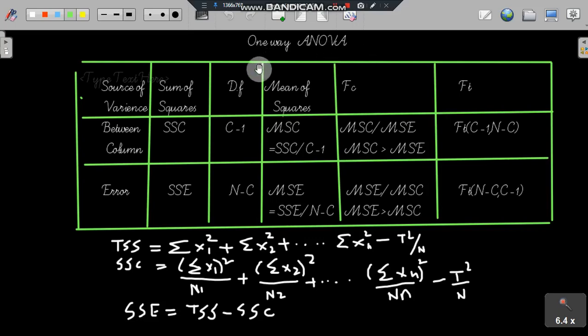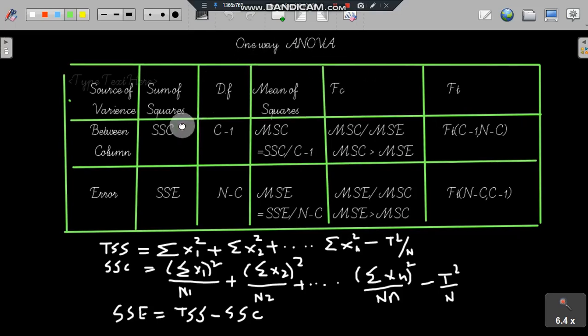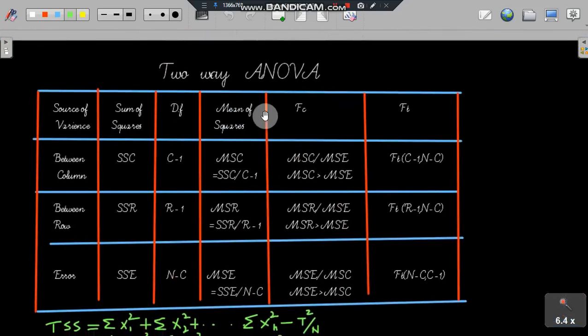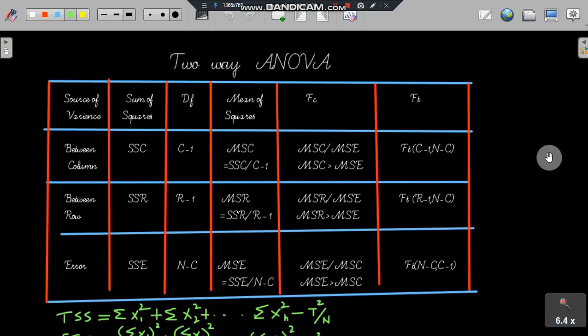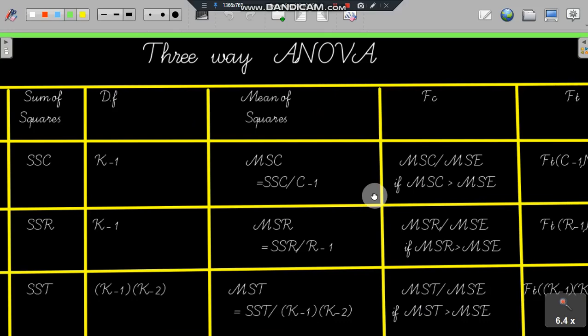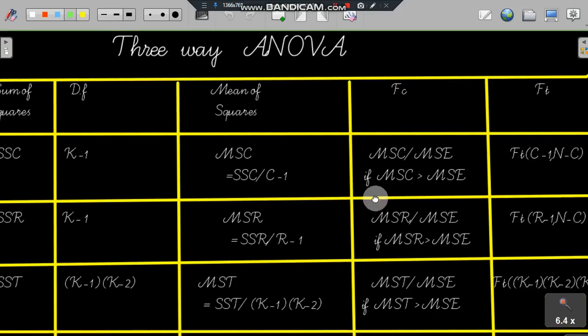We say. So in this unit we are going to discuss three types of ANOVA. The first one is one way ANOVA, and the second one, as you see here, is two way ANOVA. Then the third one is three way ANOVA.